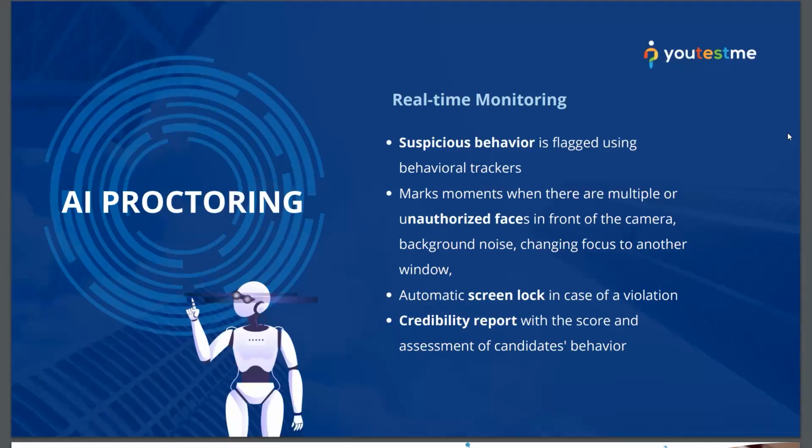What does that actually mean? It means that the system is flagging suspicious behavior. Suspicious behavior is everything that could point to cheating. That means a person looked left or right, or there is a background noise, or a person is opening different tabs, or the person doing the exam is not the person from the ID that was delivered prior to the exam.